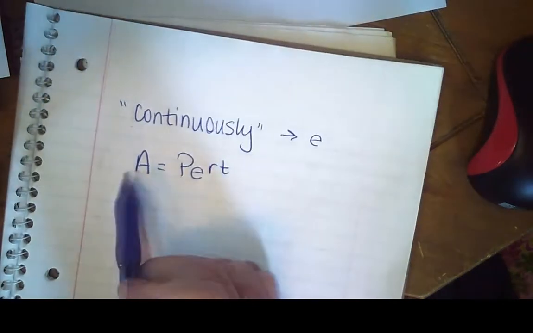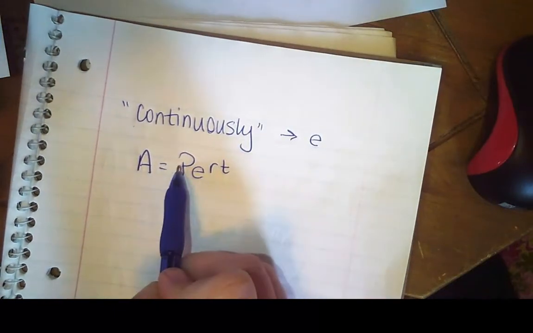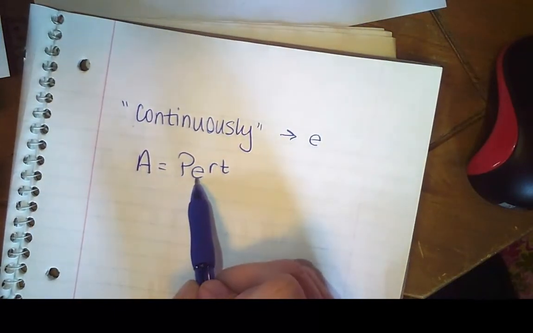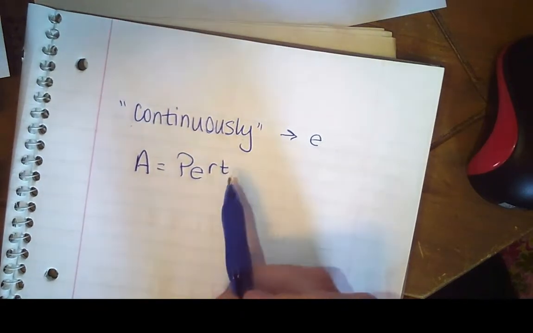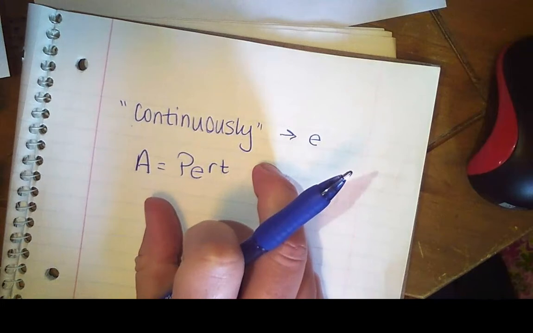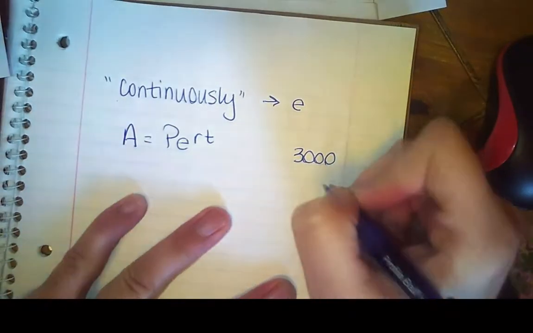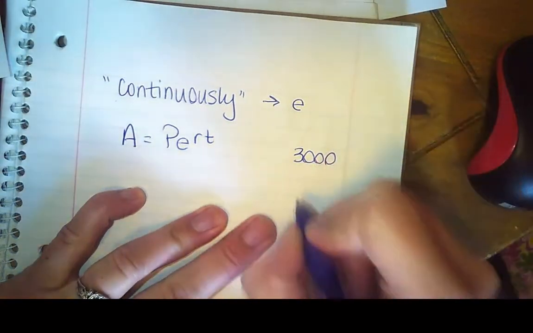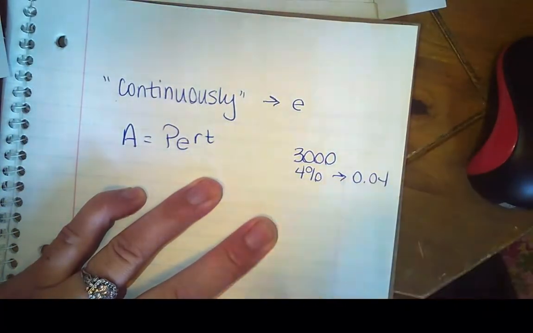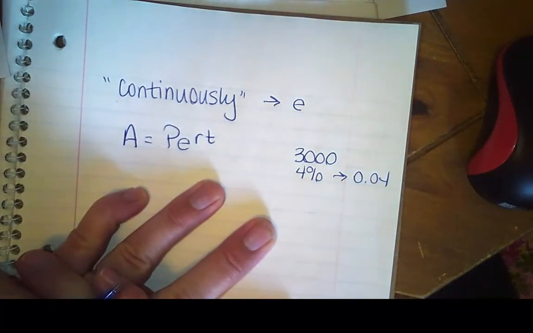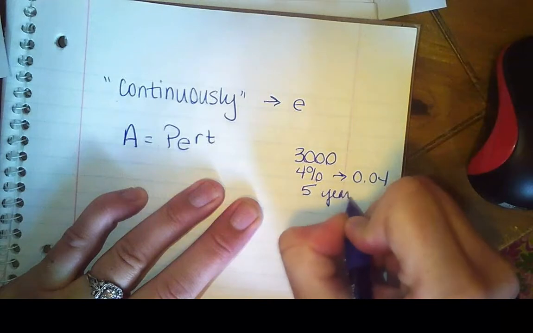So I have the amount accumulated equals the present value, or achieved equals principal, times E, which is a number, raised to the R times T. Okay, so I want to know if I'm investing $3,000, so that's my present value, at 4% per year, which is 0.04, compounded continuously, and I want to do this for 5 years.